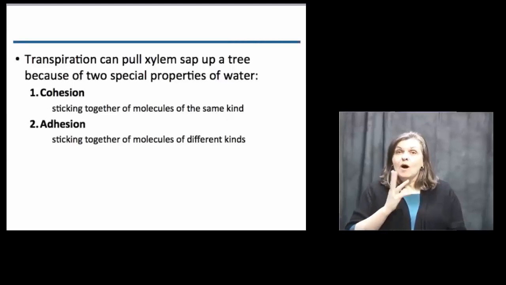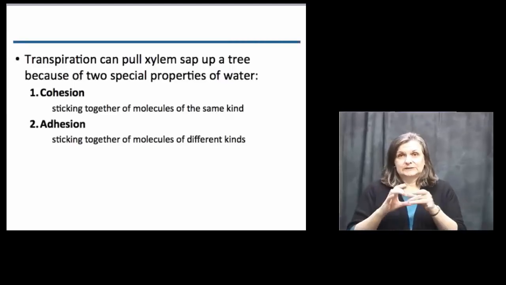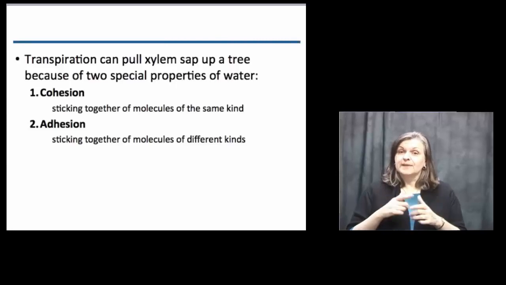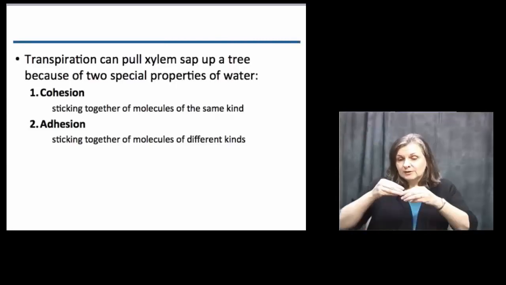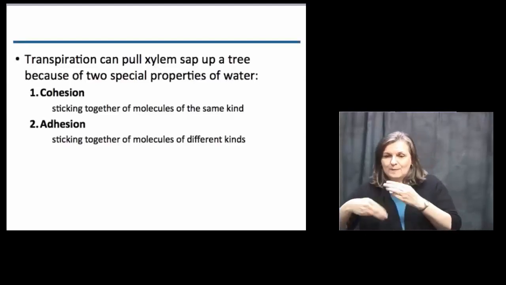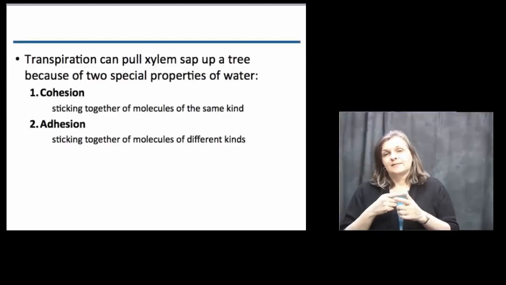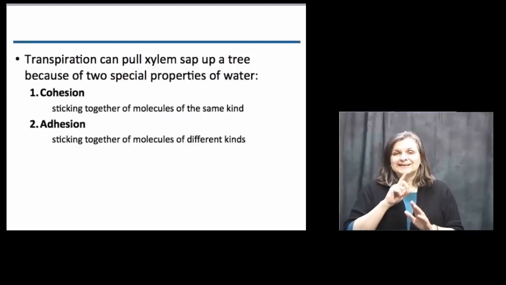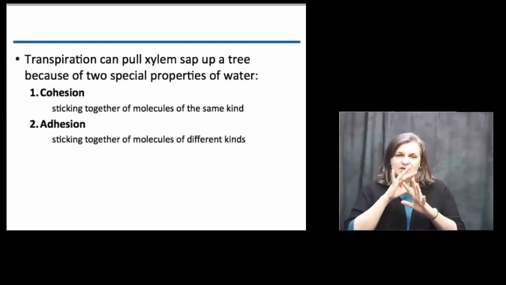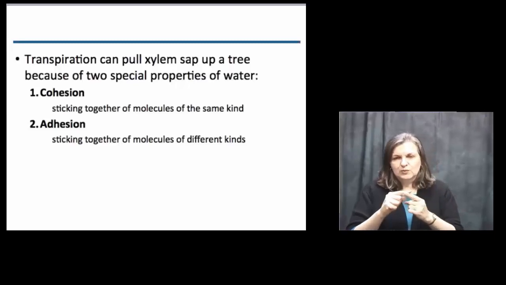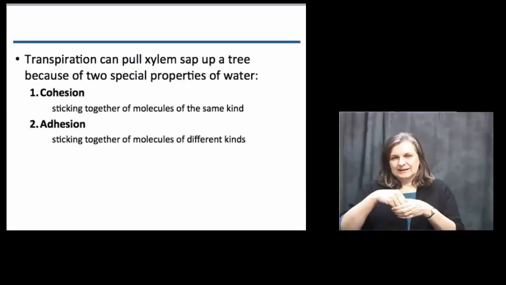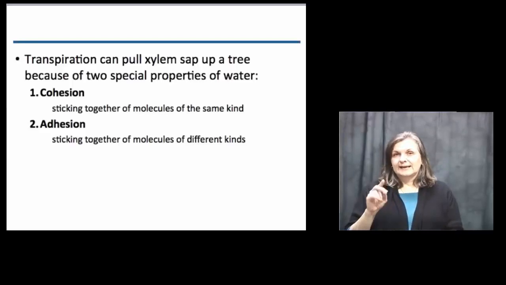So water is cohesive. It wants to stick to itself. Well, that's great. That means that if I can coax one water molecule into my root, others will want to follow. The other property that we have to look at is the affinity, or attraction, of water to the inside of the xylem tissue. This is known as adhesion.